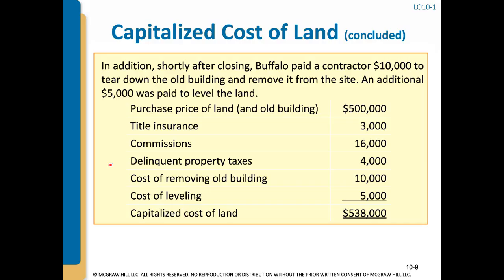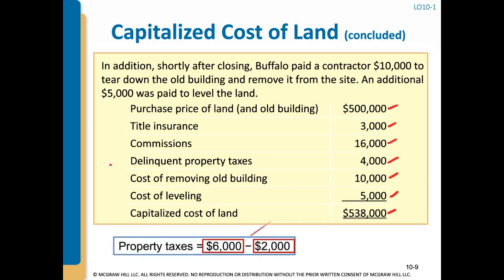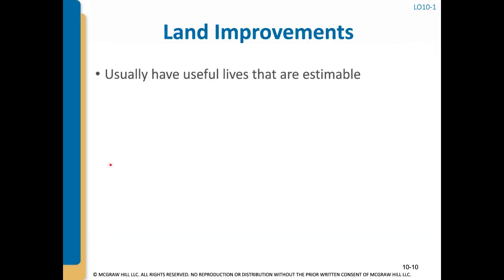So here's the total capitalized cost of this land: the original purchase price, the title insurance, commission, delinquent property tax, the cost of removing the old building, and the cost of leveling. And so the total capitalized is $538,000. So the property tax is that total 6,000 minus 2,000 for the current period.